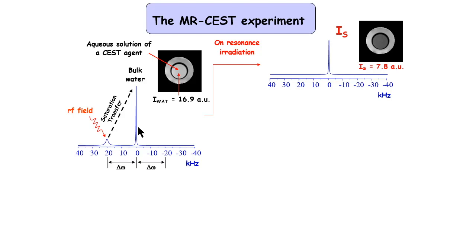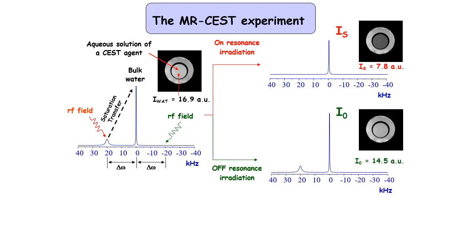Therefore it has become practice in the CEST experiment to compare the transfer of saturated magnetization that occurs when the RF field offset is set at the chemical shift of the exchangeable pool of protons with an analogous experiment in which the offset of the RF field is set at the same frequency difference from the bulk water on the opposite side.